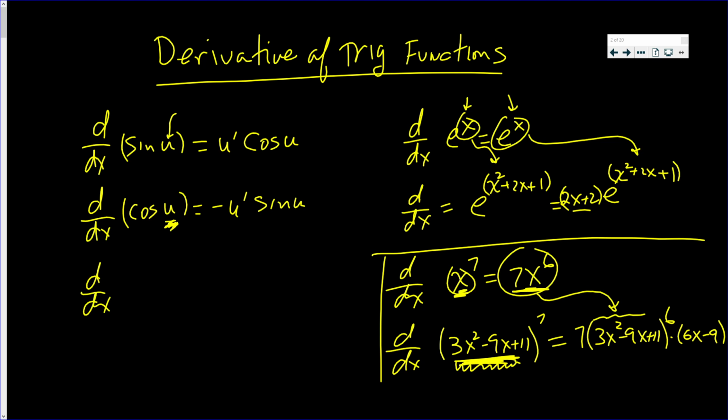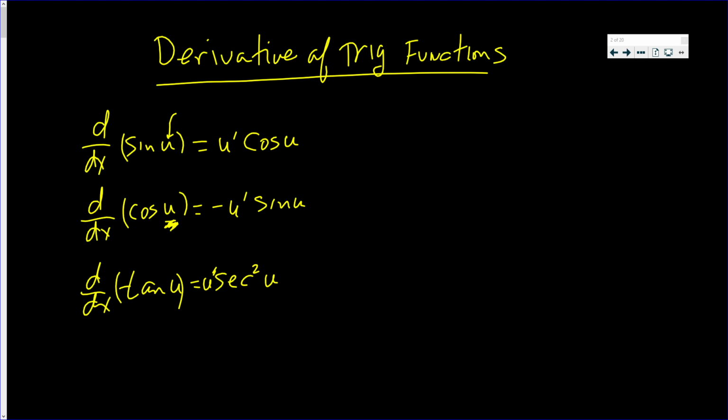The derivative of tangent of u is secant squared of u times the derivative of u. These you have to know. Can't play the game if you don't know the rules. There's nothing really to understand here.